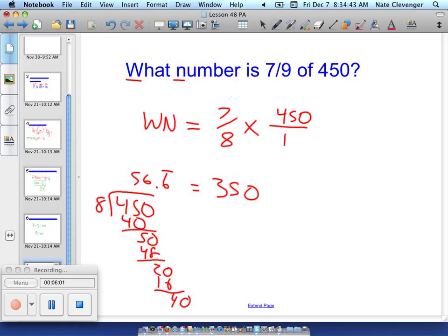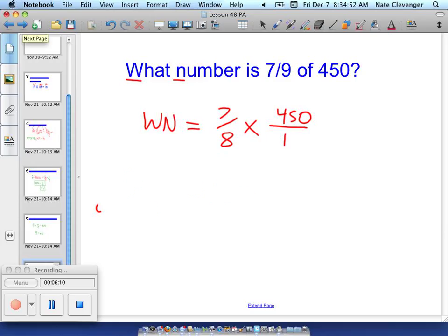When these have fractions in them, you don't need to divide these down to a decimal. Reduce it if you can, like this situation here. You can reduce each by 2 to make that 4, and this would be 225. And then it won't reduce anymore, so then just multiply across and leave it as a fraction.